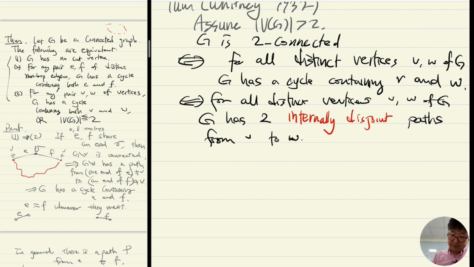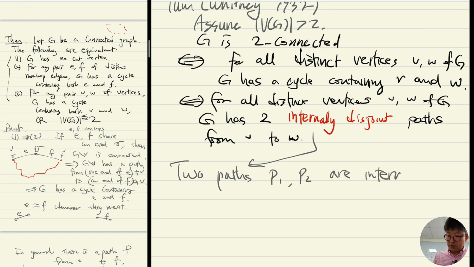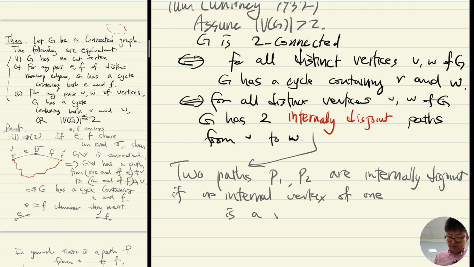So two paths P1, P2 are internally disjoint if no internal vertex of one is a vertex of another.